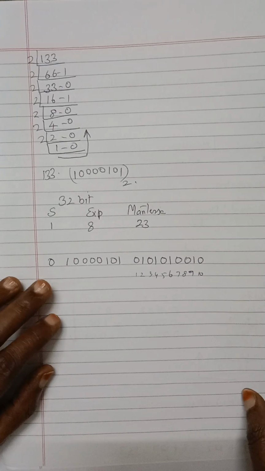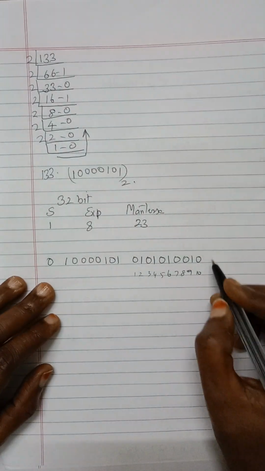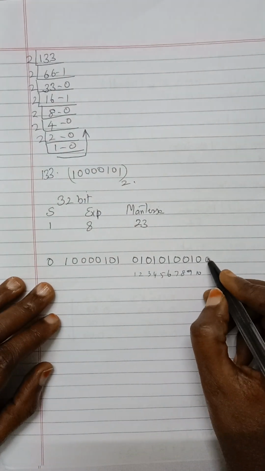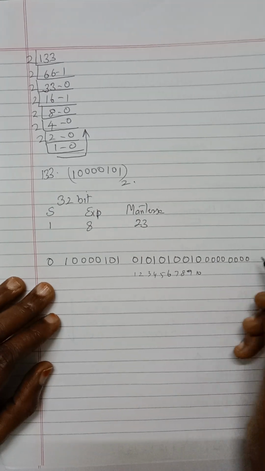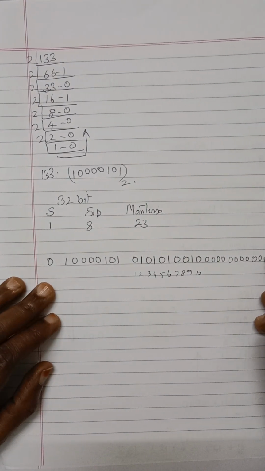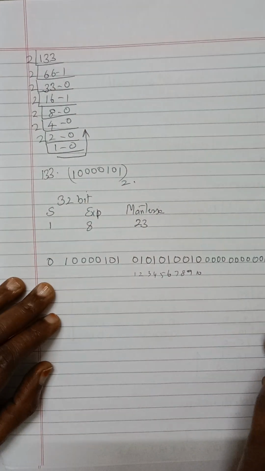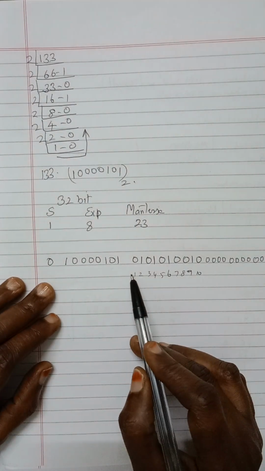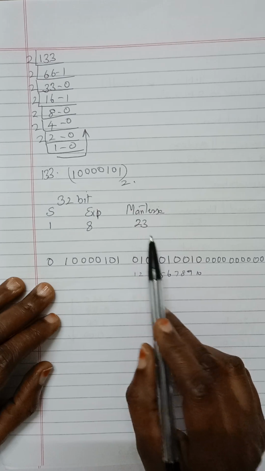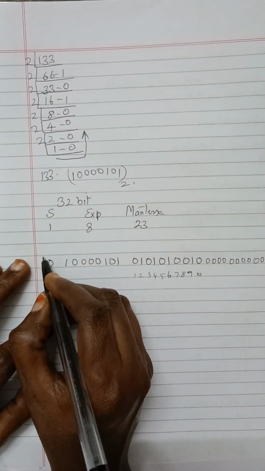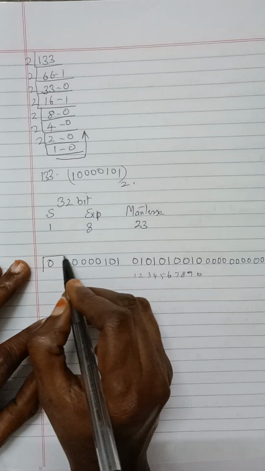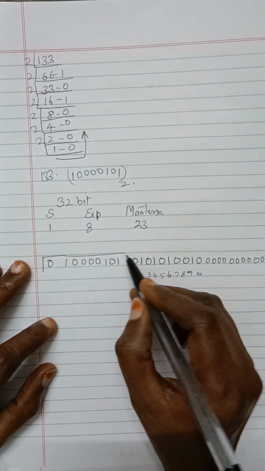Now we have to add zeros up to 23, so 10, 11, up to 23. These zeros bring it to 23 bits. This is the final set of bits.